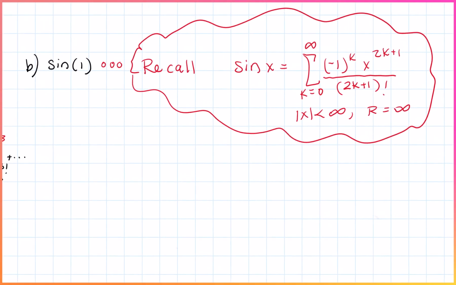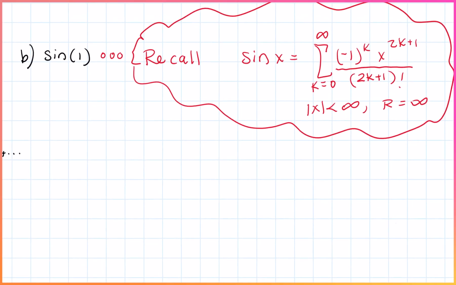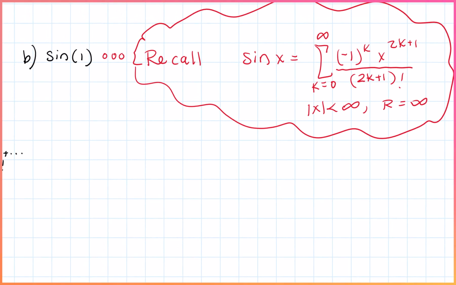Let's do the sine of 1 and approximate that using its power series expansion. So the sine of 1, again, we can do that because 1 is within the radius of convergence, which is infinity. And sine of x can be approximated using this power series. So the sine of 1 is simply the sum from k equals 0 to infinity of negative 1 to the k.